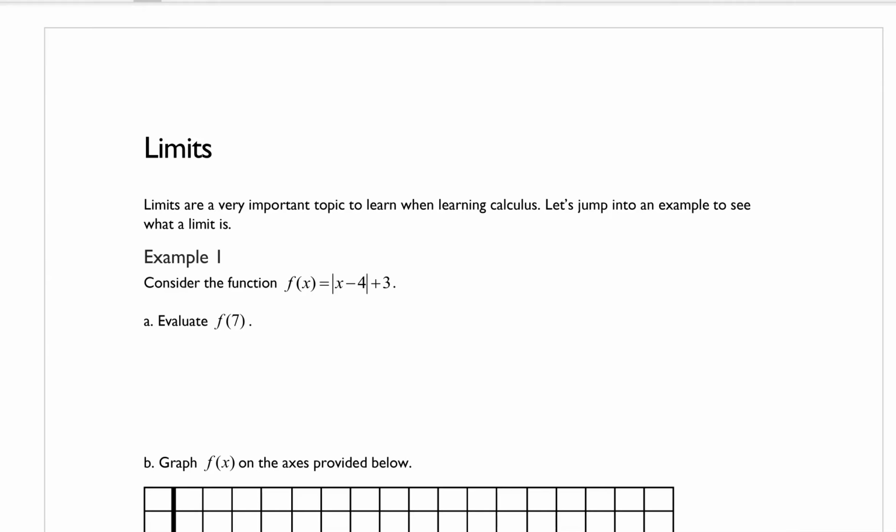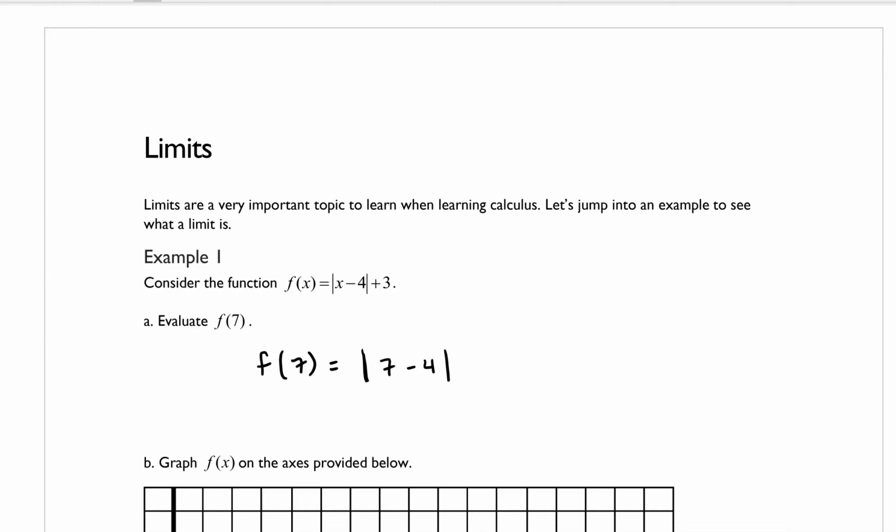Example 1 says, consider the function f of x equals the absolute value of x minus 4 plus 3. Part A wants us to evaluate f of 7. So what that means is we want to take 7, and anywhere we see an x in our original function, we want to replace it with a 7.